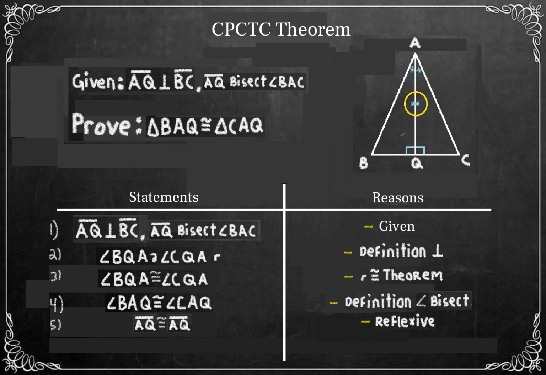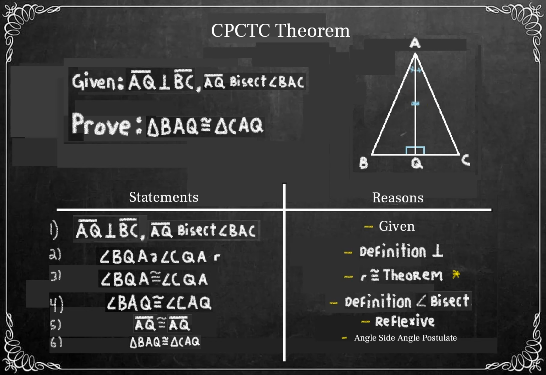The next statement: line AQ is congruent to line AQ. For what reason? By the reflexive property or axiom. The axiom states that any geometric object, such as a line segment, is congruent or equal to itself. Sounds good? Circled in yellow.